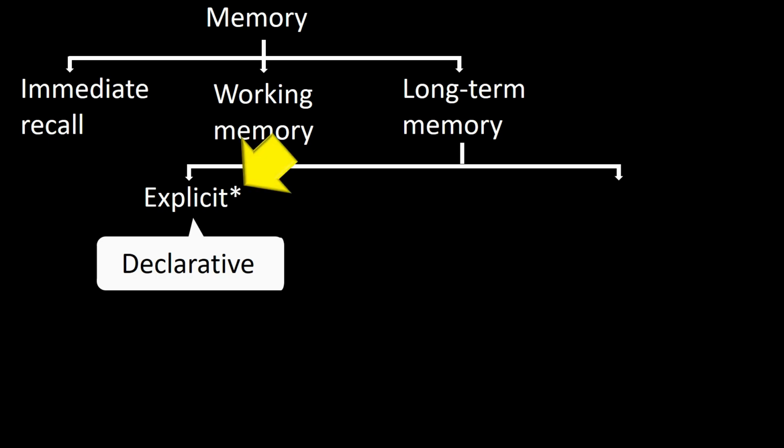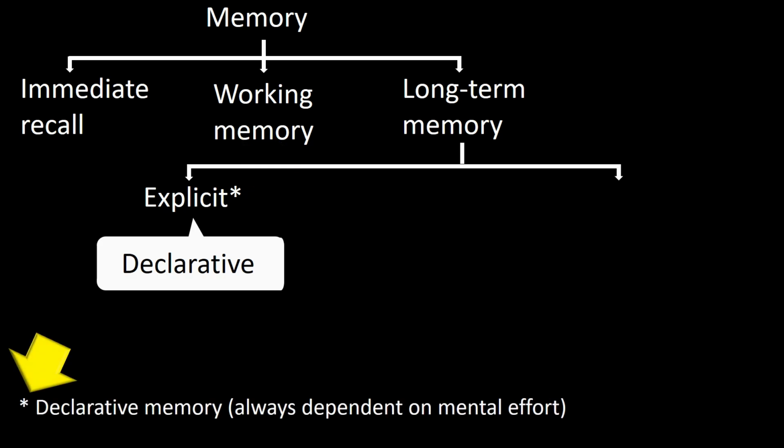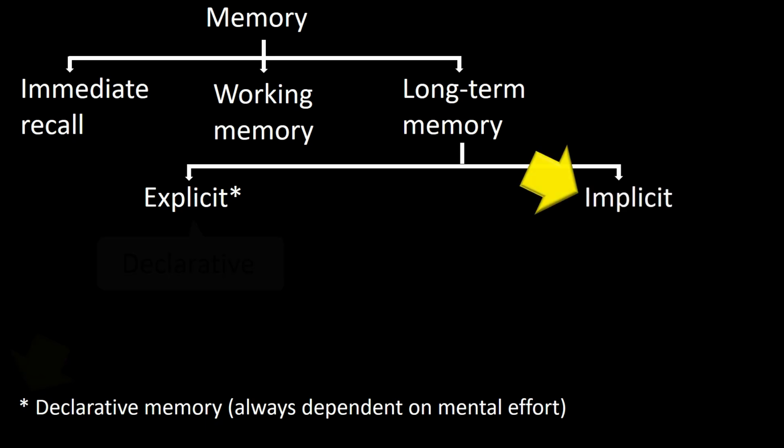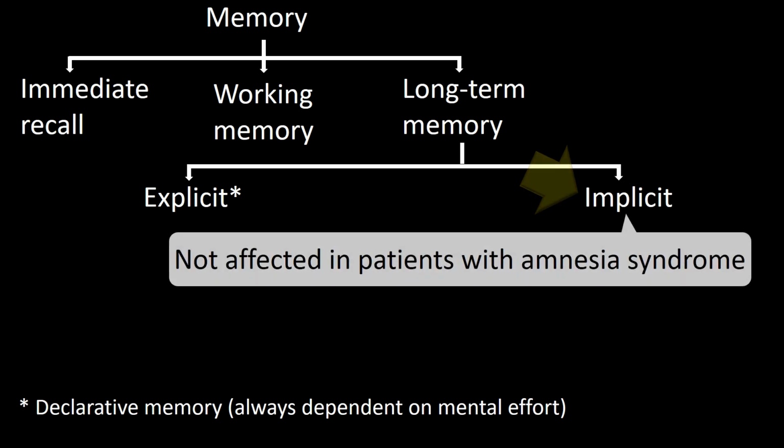I have placed the asterisk here by the word explicit to emphasize that declarative memory is always dependent on mental effort. The other arm of this classification is implicit long-term memory. Implicit memory, using the current method of testing in clinical practice, is never affected in patients with amnesia syndrome.